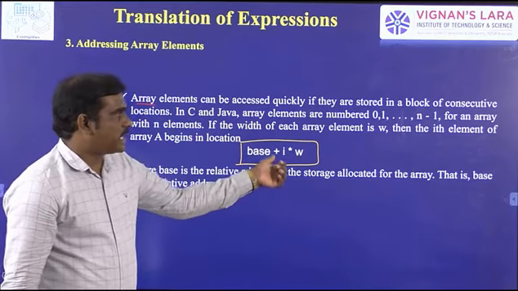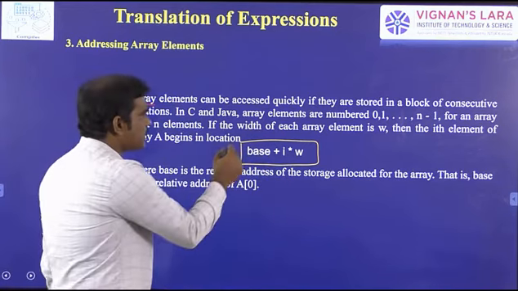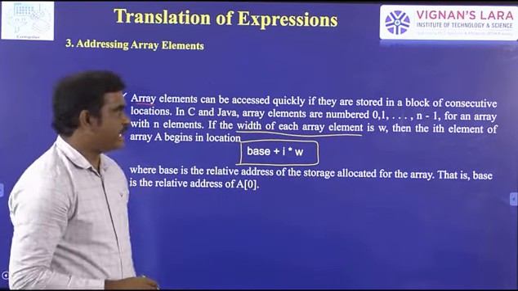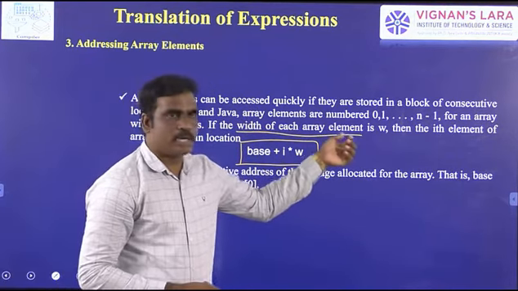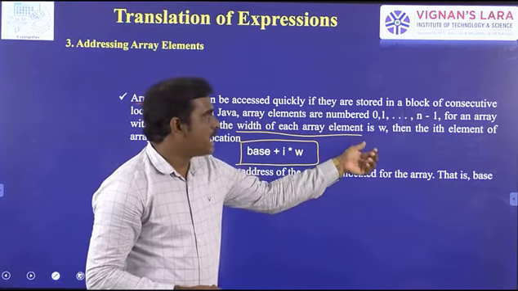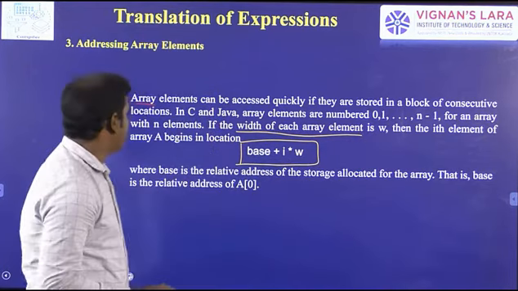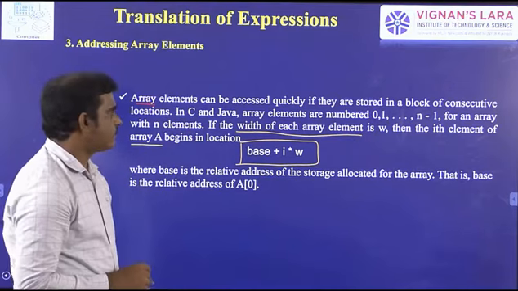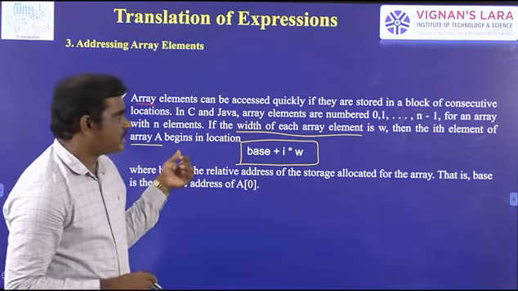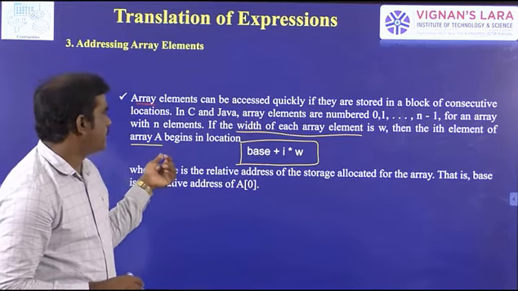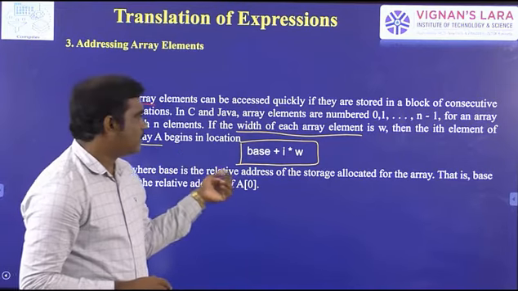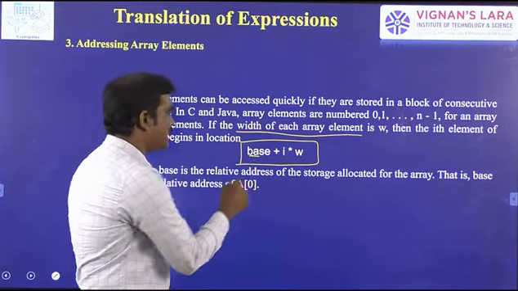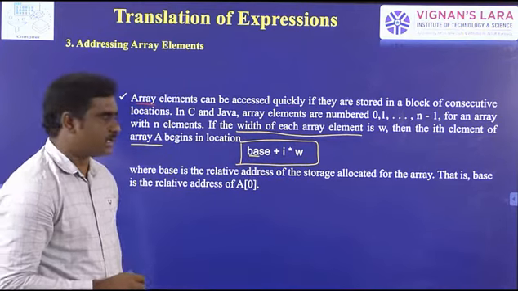What are i and w? Here the width of each array element we call w, and this is the ith element of an array, beginning in location base.